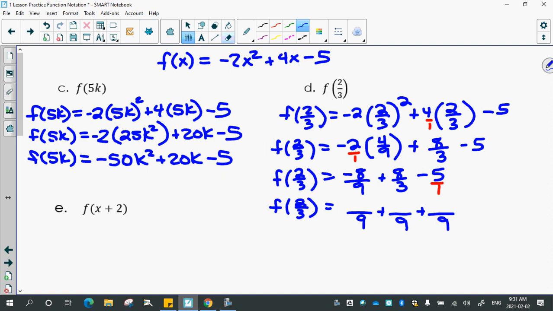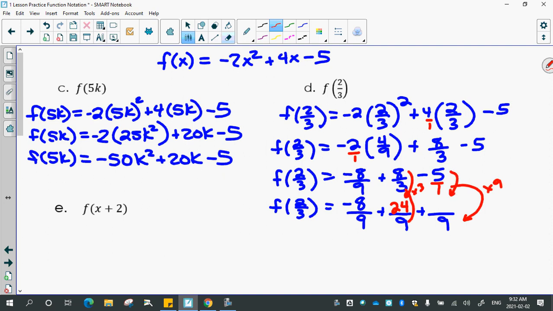So this one already had 9 for the denominator, so negative 8 is going to stay. But for 3 to get to 9, I had to multiply by 3 here. So I have to multiply by 3 there too. So that's going to give me 24 ninths.